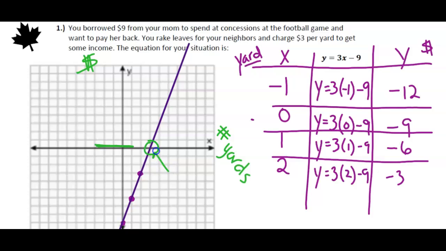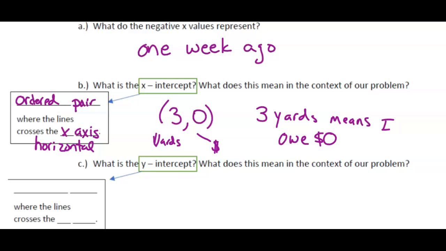So this here is 3, comma 0. It's my x-intercept. All right, so what does my x-intercept tell me? It tells me that I've raked 3 yards, and since I've raked 3 yards, I now owe 0 money. So my x-intercept tells me when I've paid off the amount.